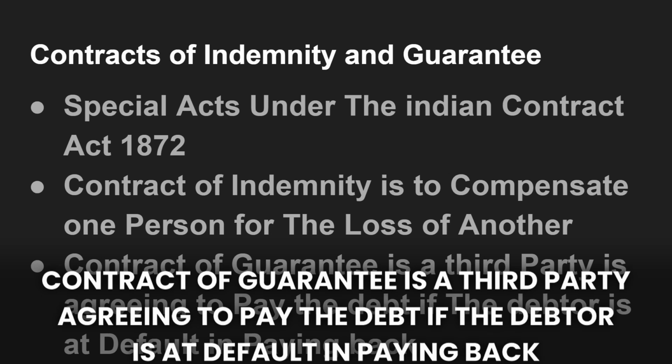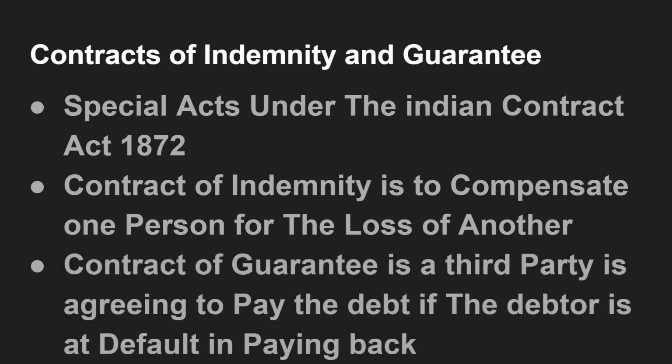Now, a contract of guarantee is a third-party agreement to pay the debt if the debtor is at default, is not paying back. So here guarantee is different. For example, I am taking a loan from a bank. The bank will insist that two guarantors should be there. That means if I am not able to repay the loan to the bank, the guarantors have to give that amount.